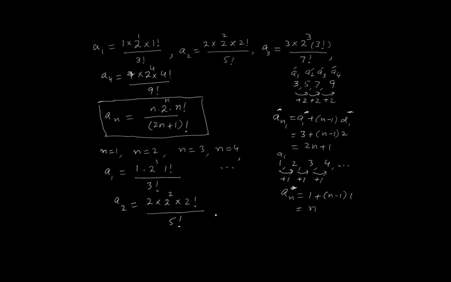If I put n is equal to 3, so 3 multiply 2 power 3 and 3 factorial, divide n is 3, so 2 multiply 3, 6 plus 1, 7 factorial and so on. If I put n is equal to 4, so I will get this term.